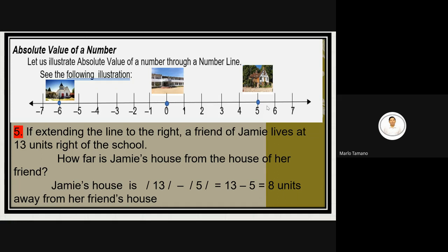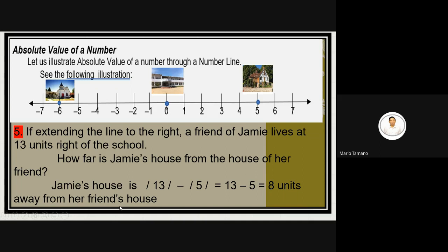How far is Jamie's house from the house of her friend? Jamie's house is the absolute value of 13 minus 5. The absolute value of 5 is 5, so 13 minus 5 is equal to 8 units away from her friend's house.